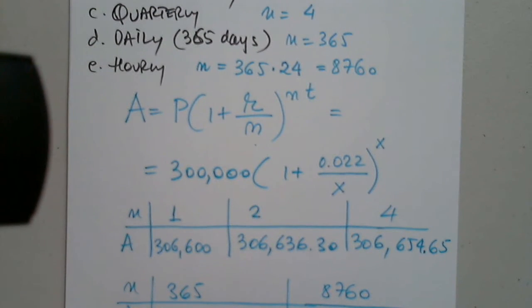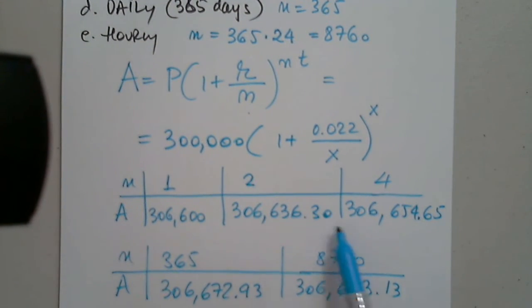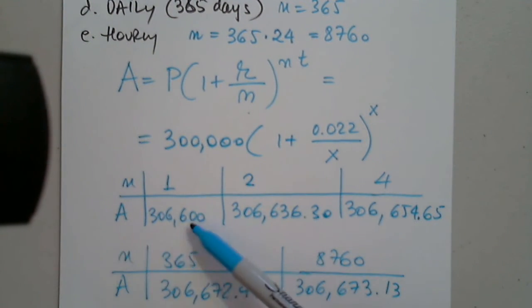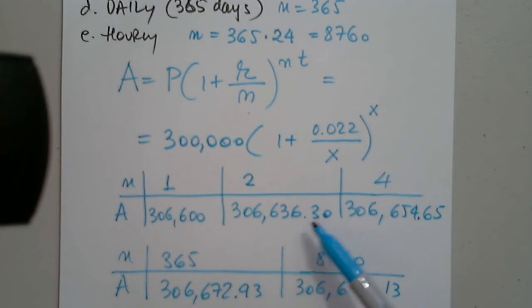Why 13? Because 2 is followed by a 6. So it's 13. I'll stop sharing. I created this table. When n is 1, the accumulated value. When n is 2, the accumulated value. When n is 4, and so on and so forth. Easy to read.